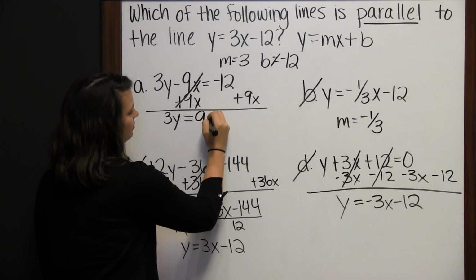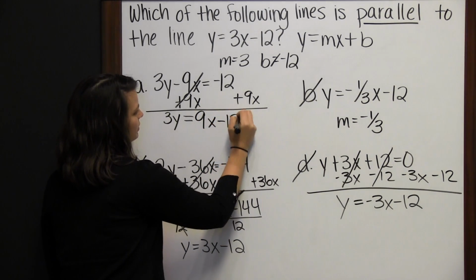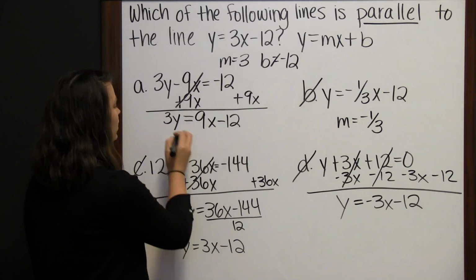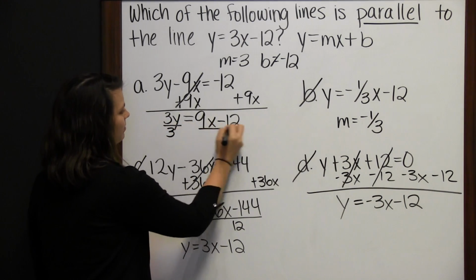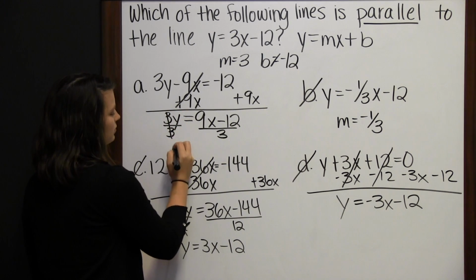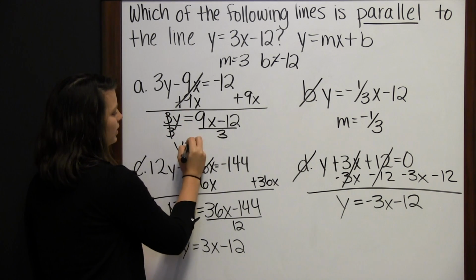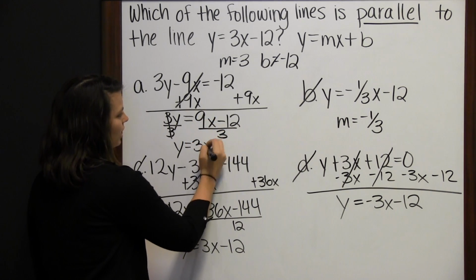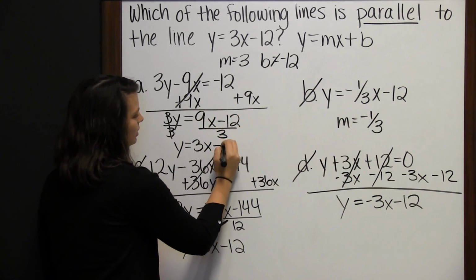We just write them down, 9x minus 12. And finally, to solve for y, we need to divide everything by 3. 3 divided by 3 is 1. 1 times y is y, equals 9x divided by 3 is 3x, and negative 12 divided by 3 is negative 4.